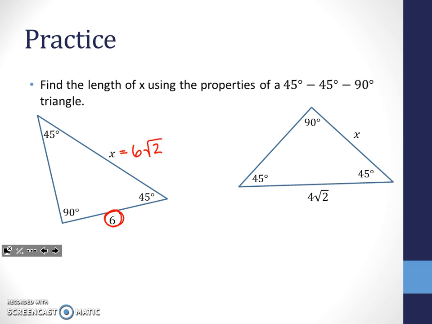Okay, other example over here, we know our hypotenuse. Our hypotenuse is 4 square roots of 2, and they're asking us to find the leg. Well, remember, your hypotenuse is going to be your leg times the square root of 2. So if it's 4 square roots of 2, that means that our leg must be 4.